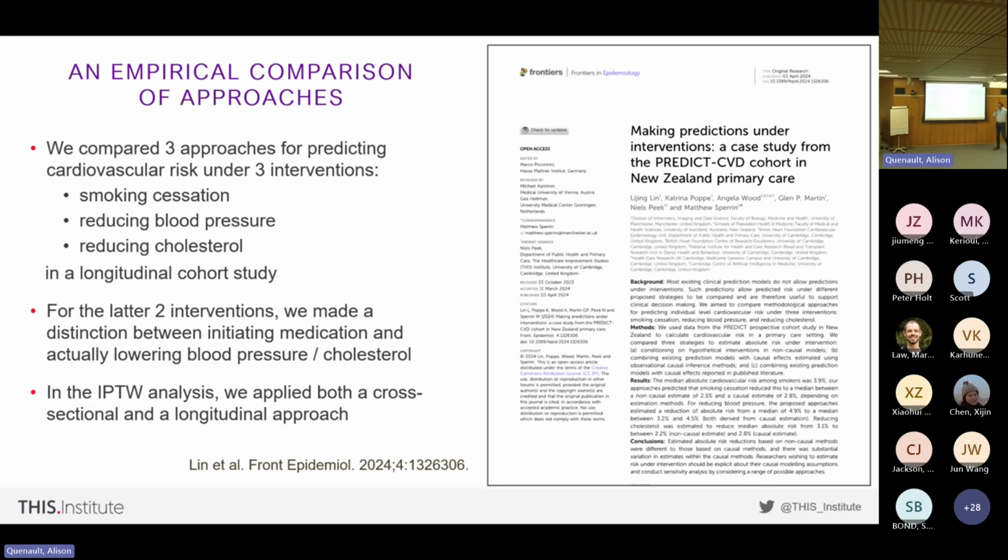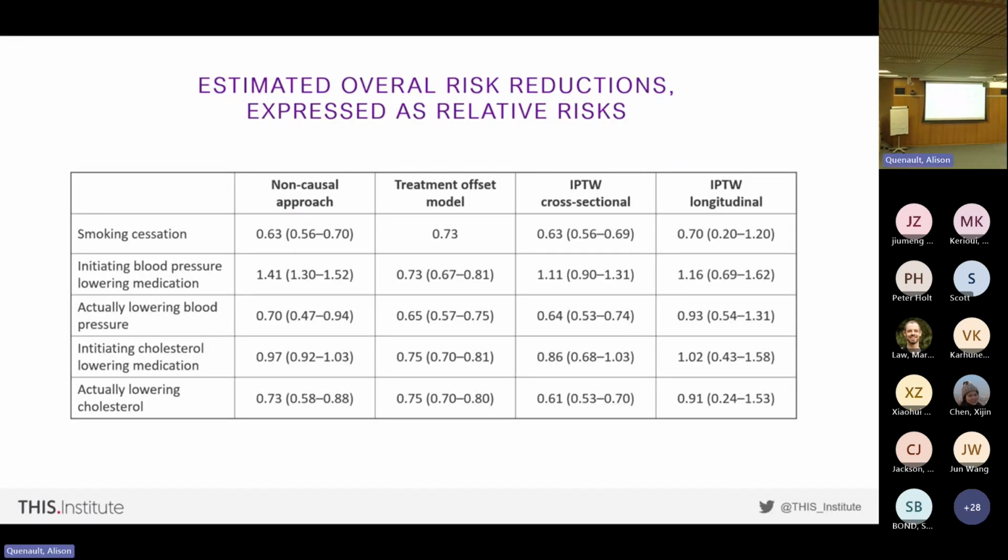And then in the IPTW analysis, we applied both a cross-sectional and a longitudinal approach. Let me show you the main results from the study. I'm leaving out a lot of the details here, but basically this is what we found.